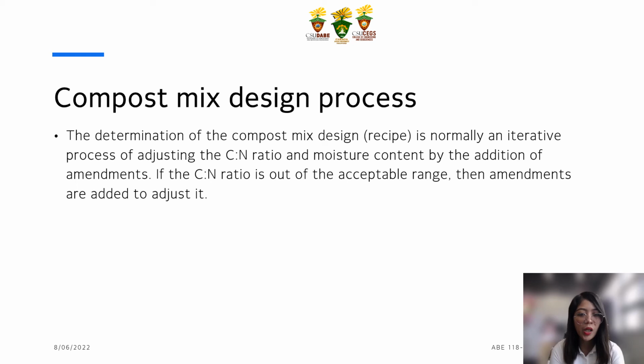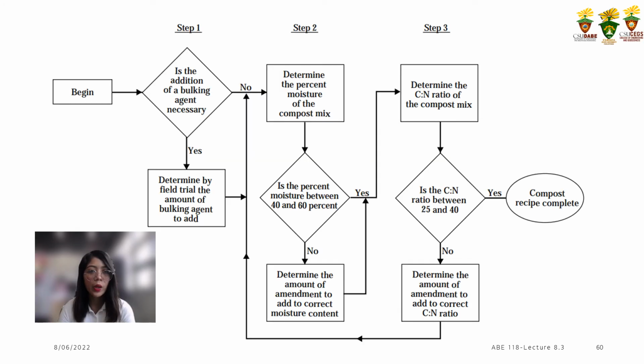So the determination of the compost mix design, or what we call the recipe, is normally an iterative process of adjusting the CN ratio and moisture content by the addition of amendments. If the CN ratio is out of the acceptable range, amendments are added to adjust it. So the earlier chart is the compost mixture design flow.